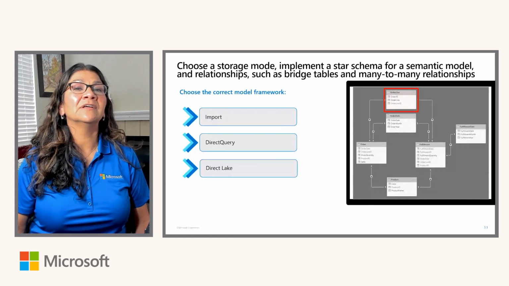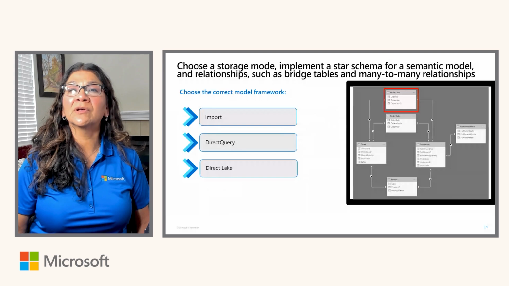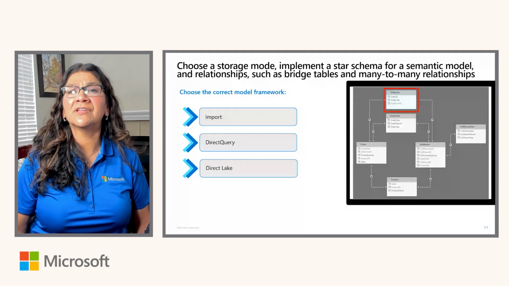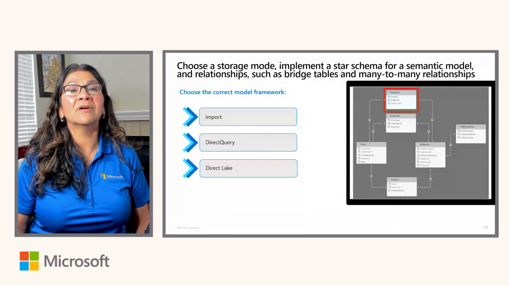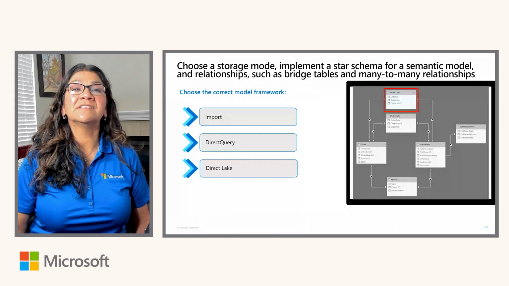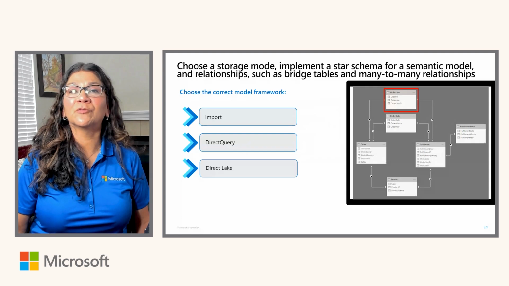Then we have DirectQuery, and this suits scenarios that require real-time data access and where the data set is too large to fit into memory. However, the best is Direct Lake mode, which is best for analyzing very large data sets with real-time data updates and high performance.